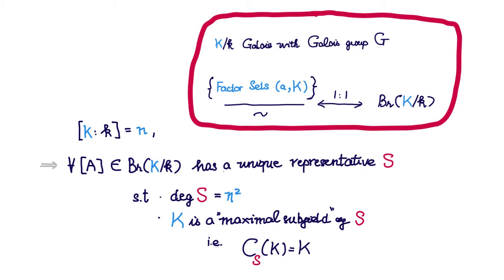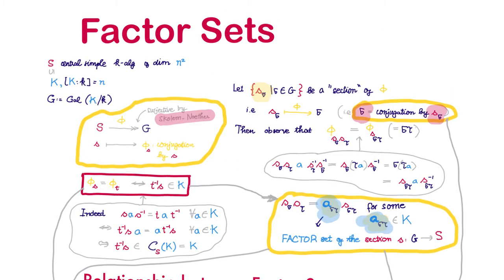Note that any element of this Brauer group has a unique representative that contains K as a maximal subfield and has degree equal to n squared, where n is the dimension of big K over little k. Given such a representative S, i.e. a central simple K-algebra of dimension n squared containing K as a maximal subfield, we're going to construct a factor set as follows.